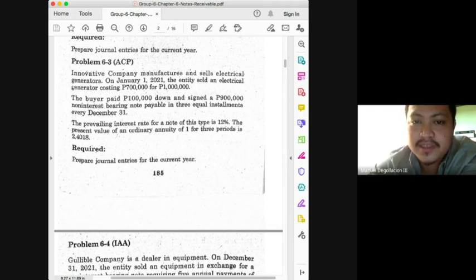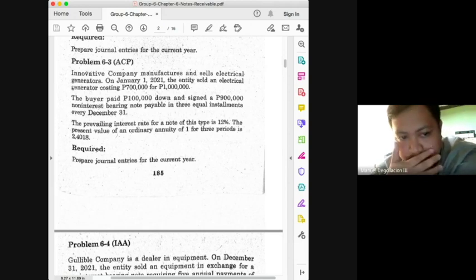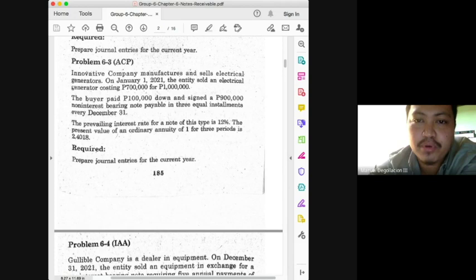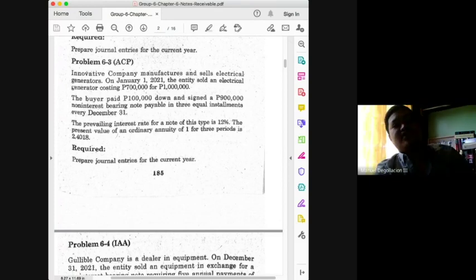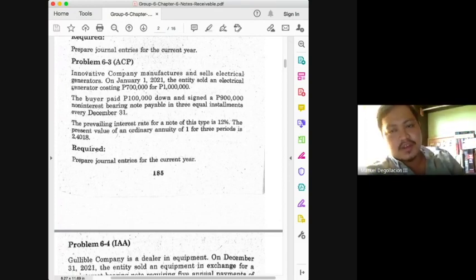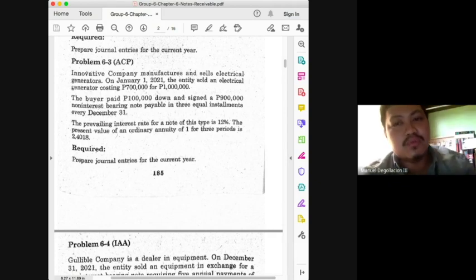The second entry that we'll have to prepare is an adjusting entry at the end of the first year to recognize the portion of the unearned interest income that is already earned. Unlike the illustration in 6-2, in 6-3 we will have to use the effective interest method to determine our interest income, and it's actually very simple, class.